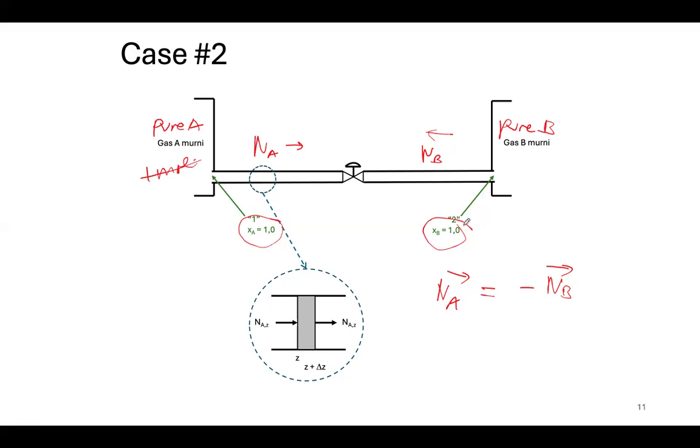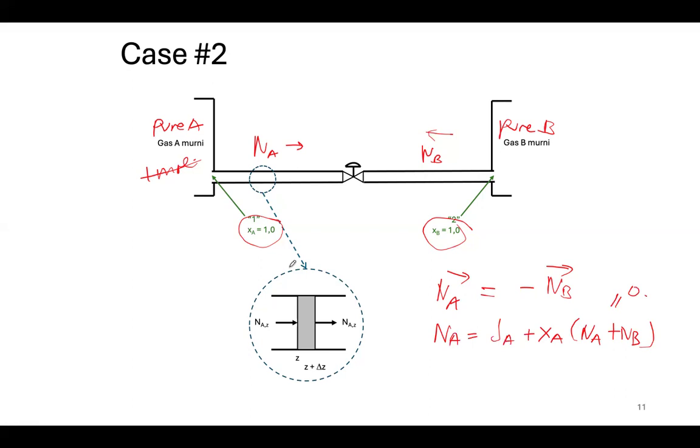So this would be your correlation, and then when you substitute into NA equals JA plus XA times NA plus NB, you will know what NA plus NB is here, because NA equals minus NB, so this one equals 0.